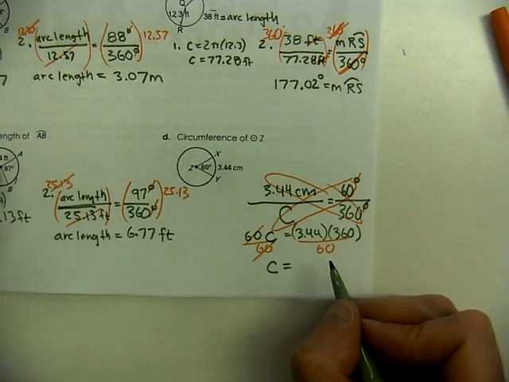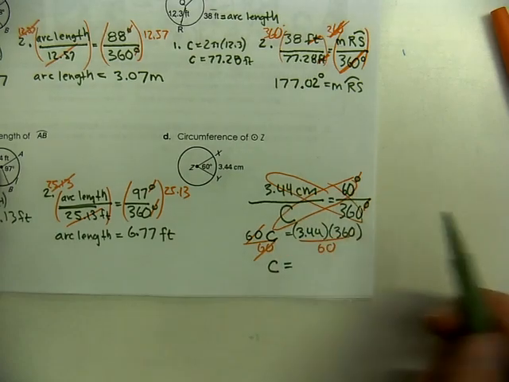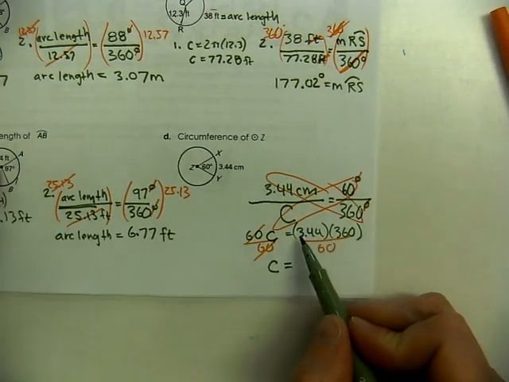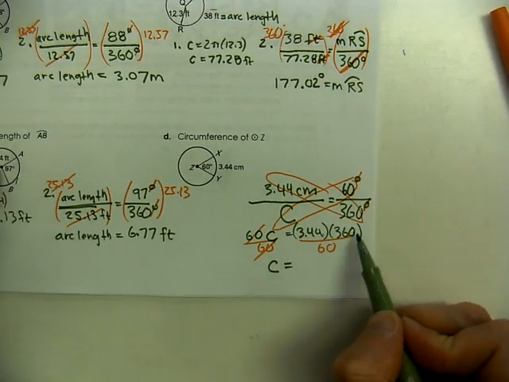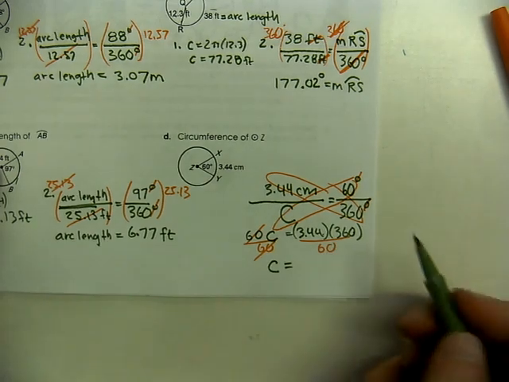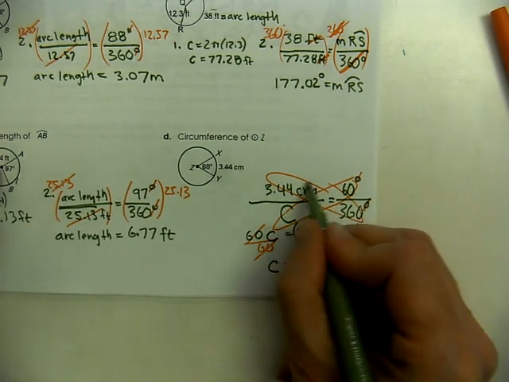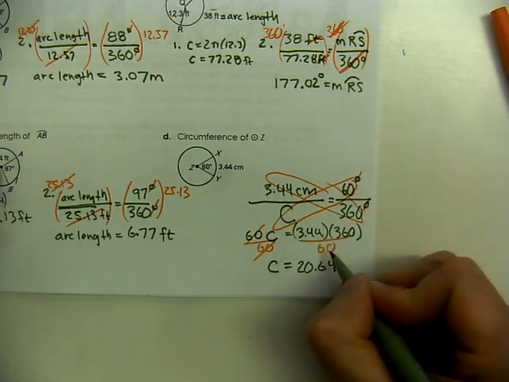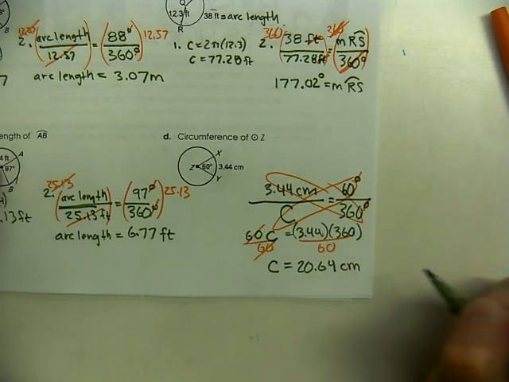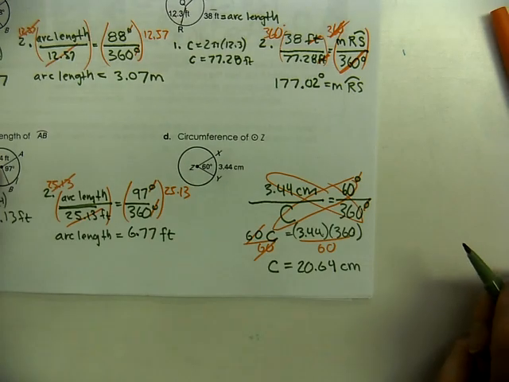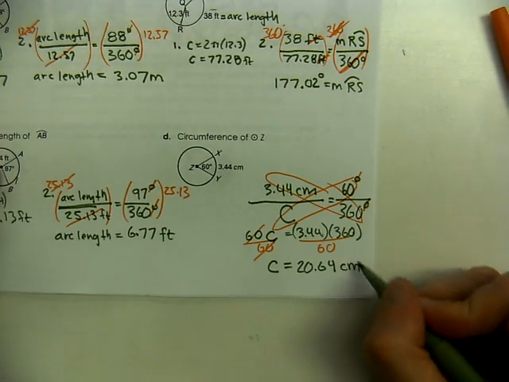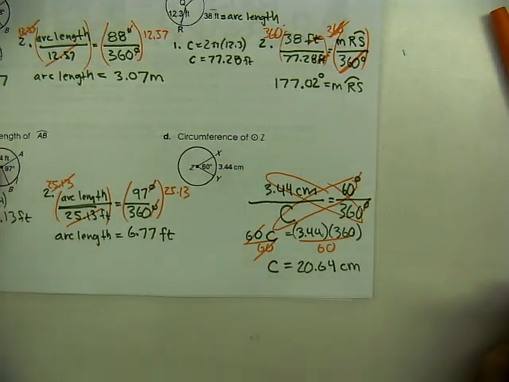Turns out we don't even need the radius. We're just using the proportion. We go to our calculator, type in 3.44 times the 360, all of that divided by 60, and I have 20.64. Again, the units are centimeters because the degrees canceled out, so it can't be degrees. And circumference is a distance around the circle, so we use centimeters to measure distance.